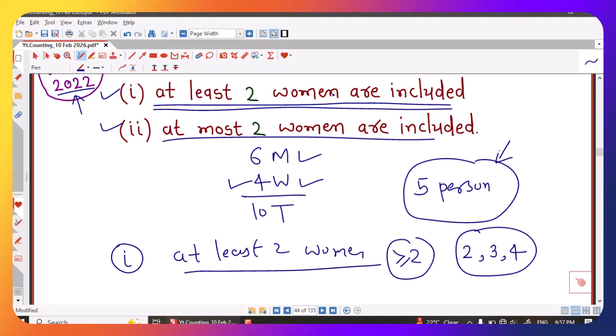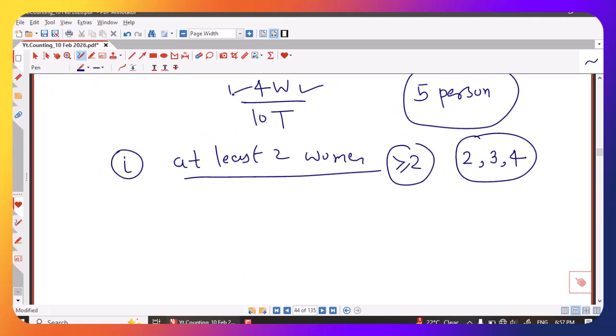There are 3 different possibilities that in that committee of 5 persons at least 2 women are included. That is, there will be 2 women or 3 women or 4 women, and we have a committee of 5 persons. So if we consider this first possibility, then I have to select 3 men.